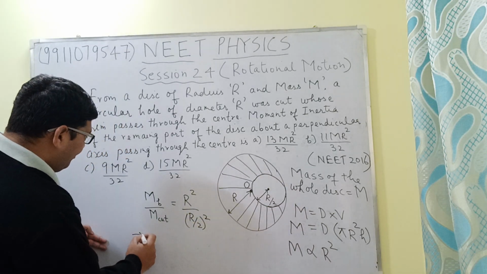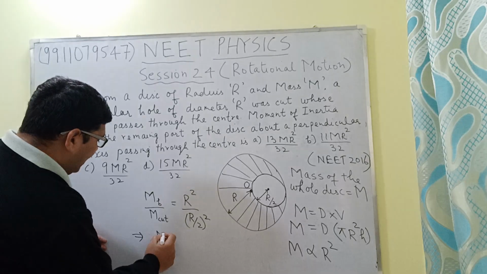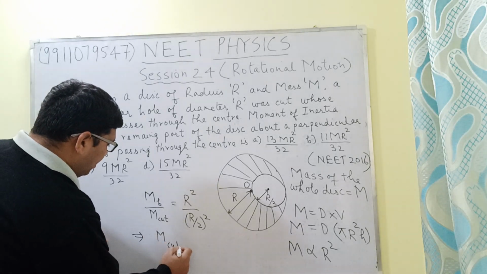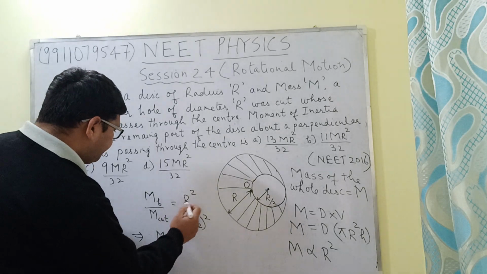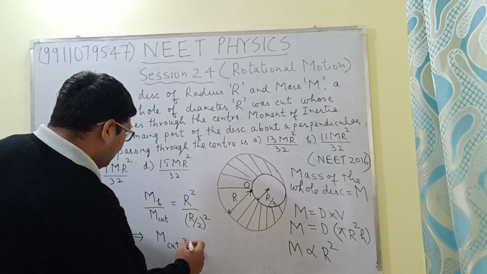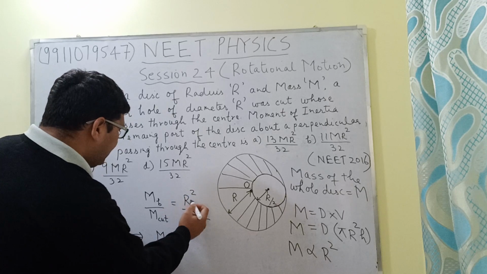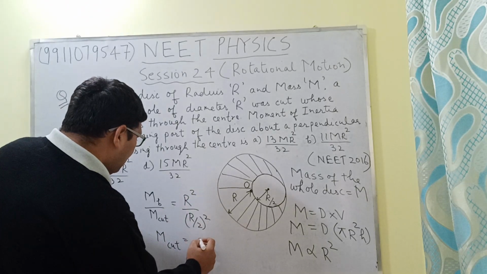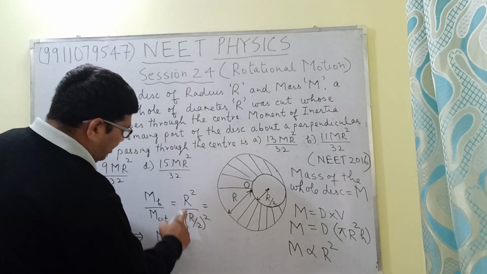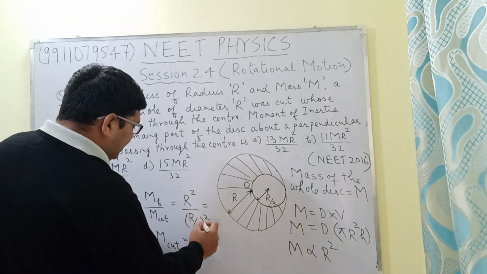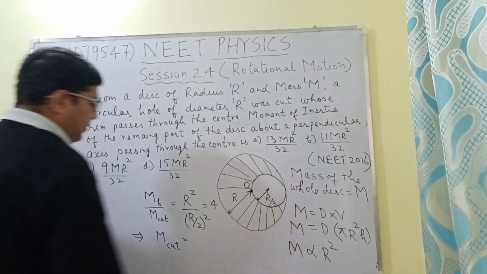The r square cancels and this becomes 4.